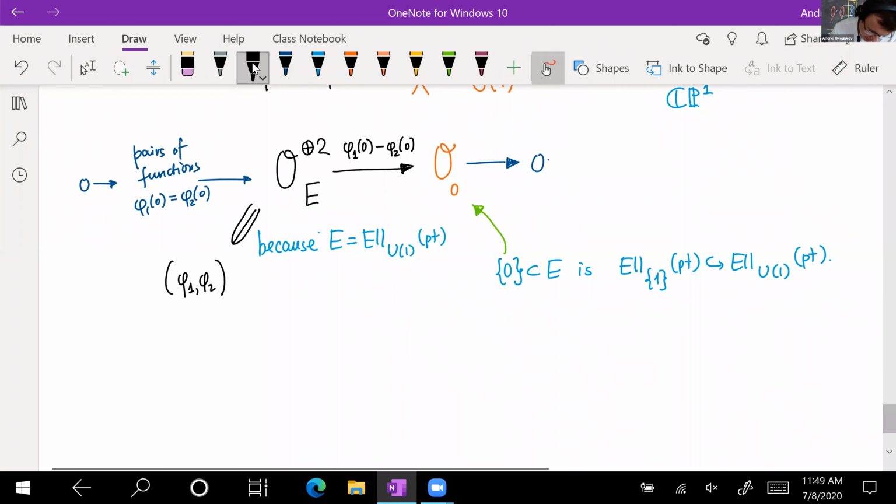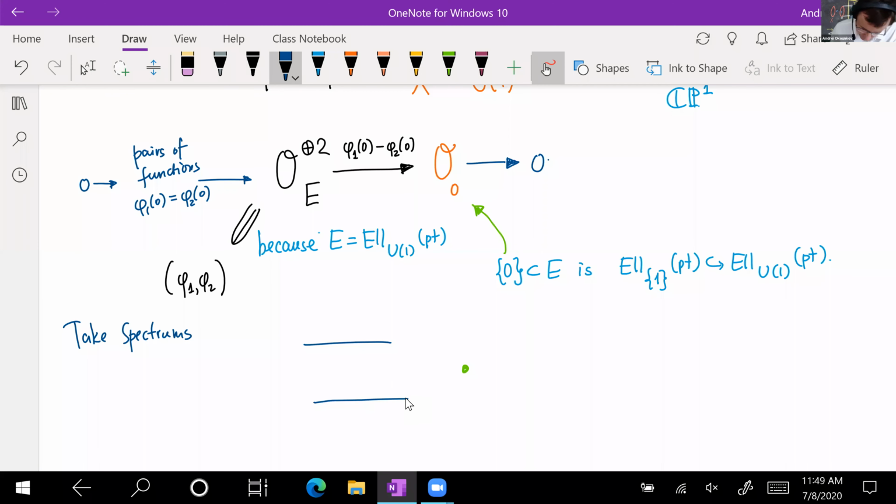Spec of that is, so if I take spectrum, what am I going to get here? Here I'm going to get a point. Here I'm going to get two copies of elliptic curve. And here I'm going to get these two copies glued at a point.